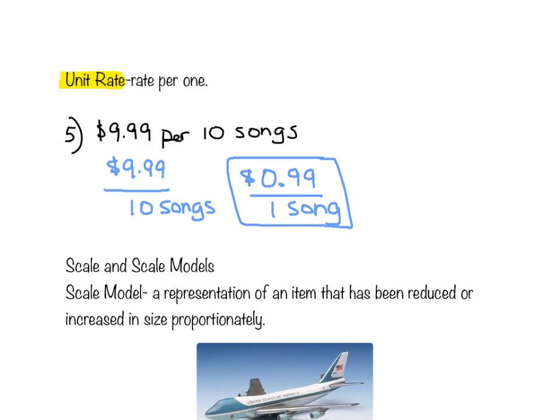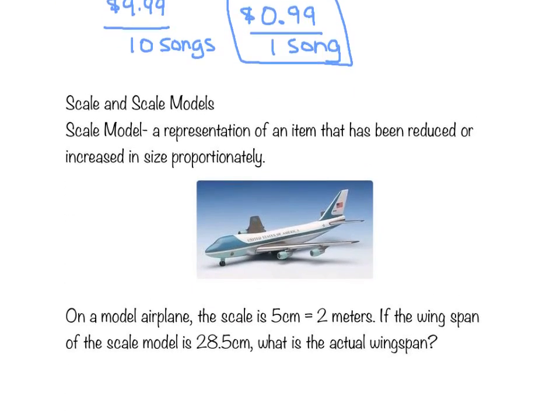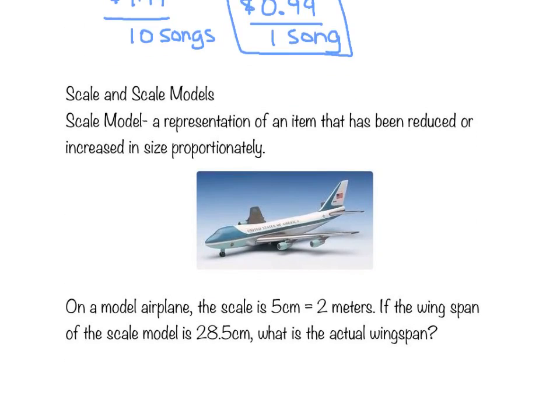Proportions are very often used when we're looking at scales and scale models. Okay? Write down this definition. A scale model is a representation of an item that's been reduced or increased in size proportionately. So in this picture, you see a model airplane.